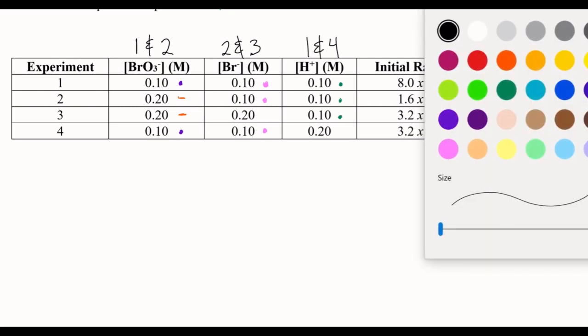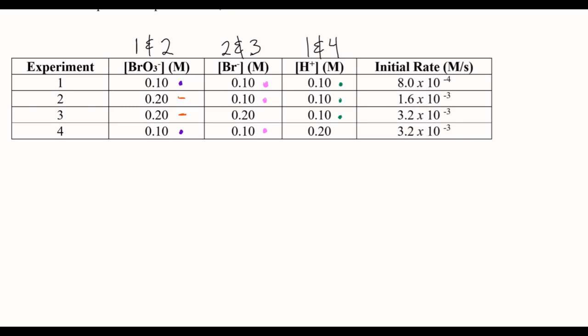Okay, so now we're going to write those reaction equations, and it's the same thing. We're just going to have a third element in them. So I'm going to start with 1 and 2. So rate 1 over rate 2.